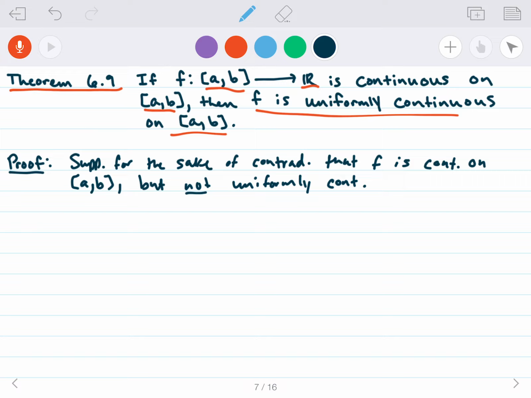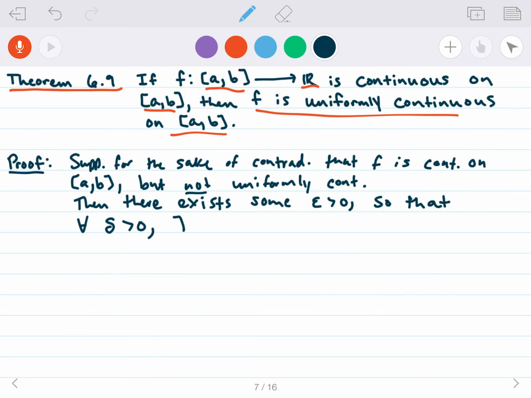So we can negate that by saying, there exists, not for all, but there exists some positive epsilon, so that for any neighborhood that you give me, for all delta neighborhoods, there is a c.